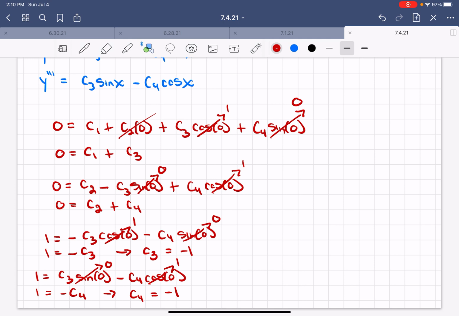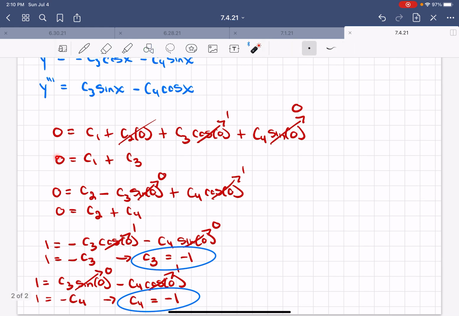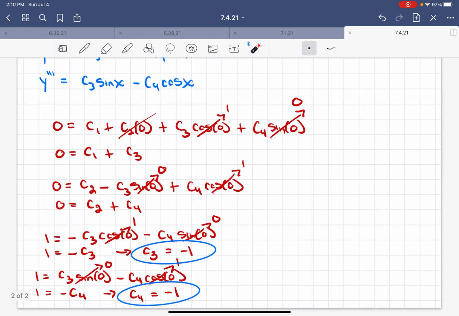So now we found c3 and c4. Let's plug those in and find c1 and c2. C1 equals negative c3, and c2 equals negative c4.